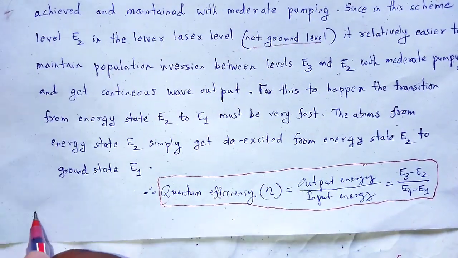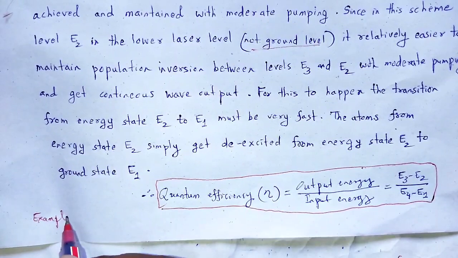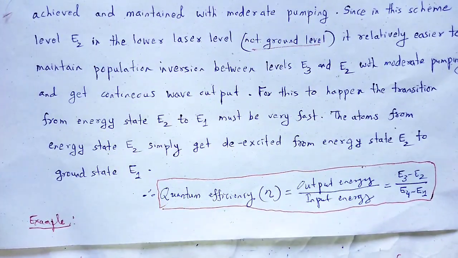An example of a 4-level laser system is the helium neon laser.